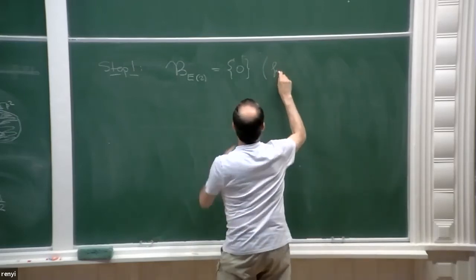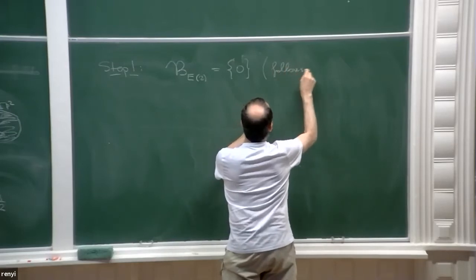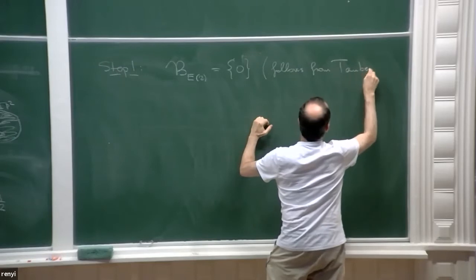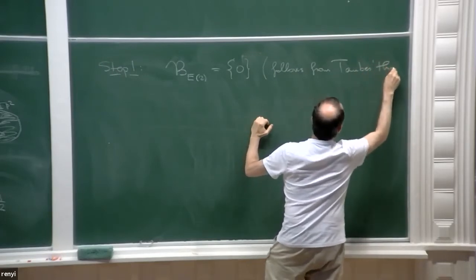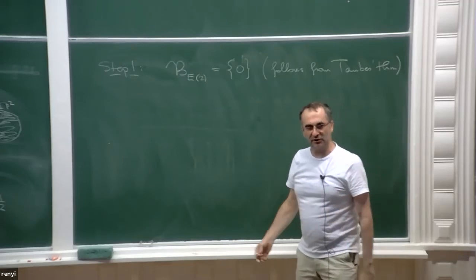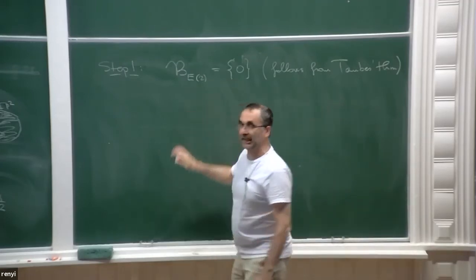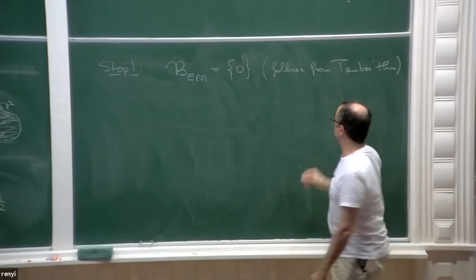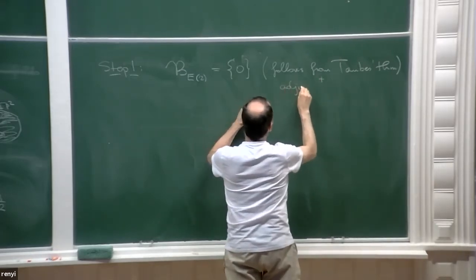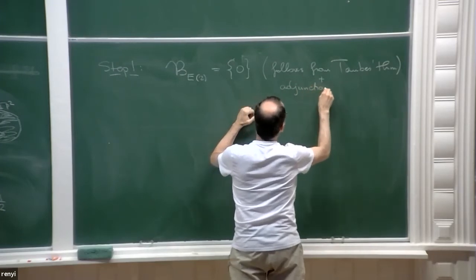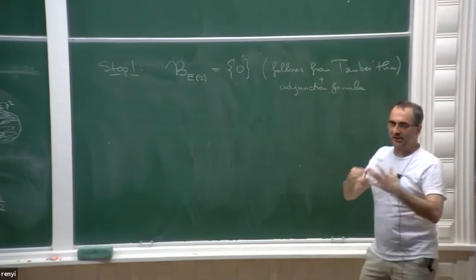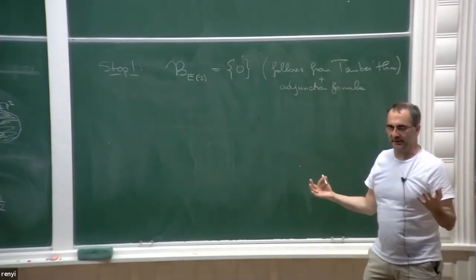This follows from Taubes' theorem, which says that there is at least one basic class for every symplectic manifold, and E2 is a Kähler surface, so it is symplectic, plus the adjunction formula, provided you understand a lot of surfaces inside this E2.